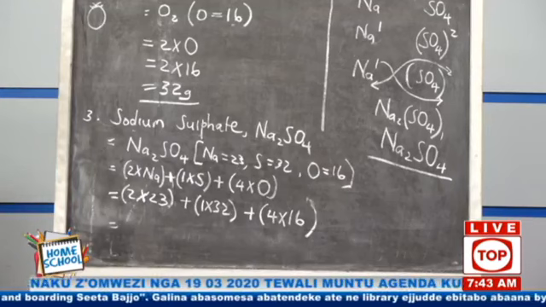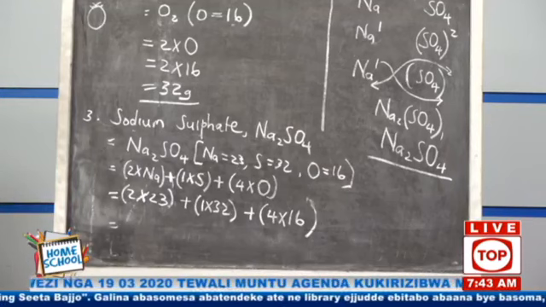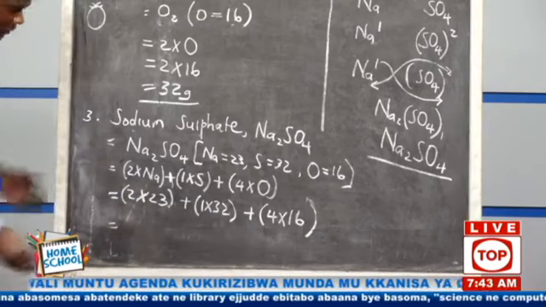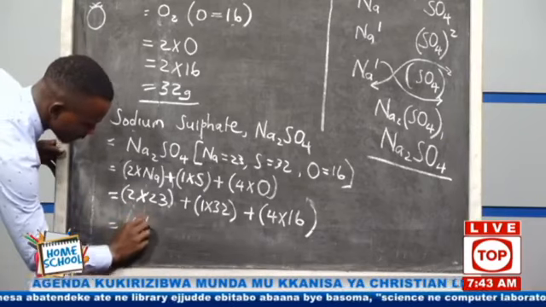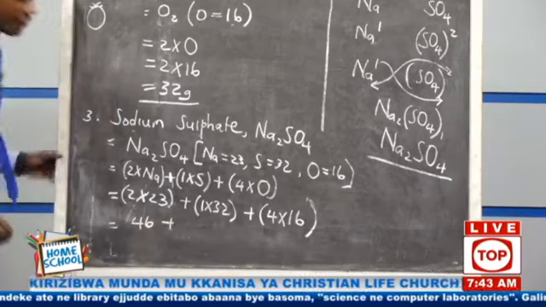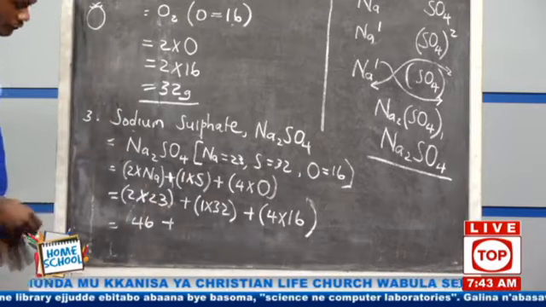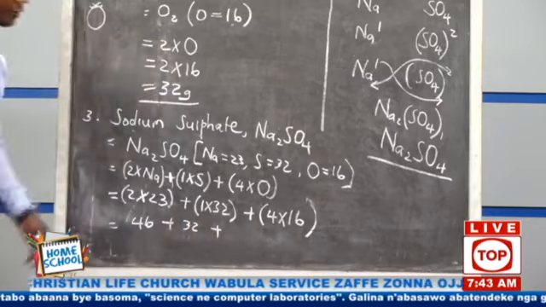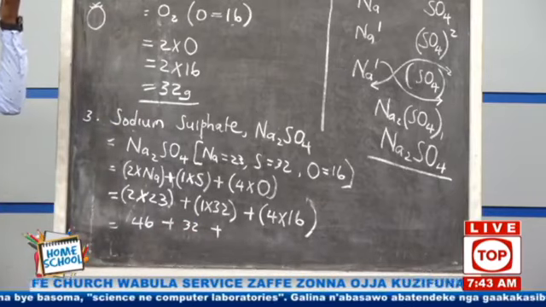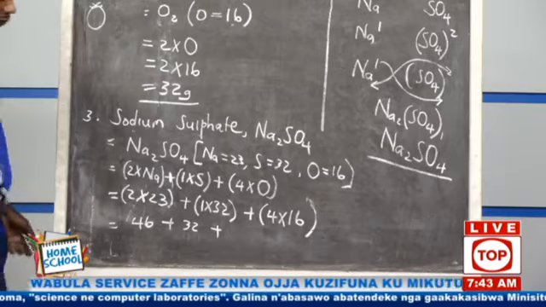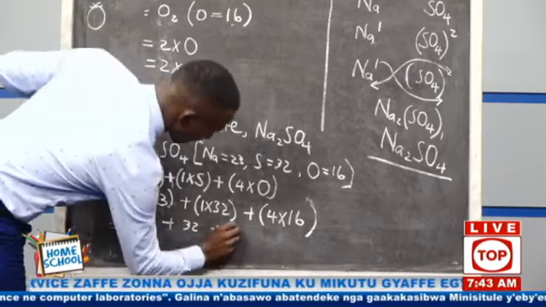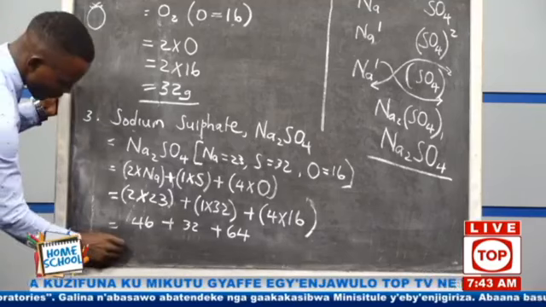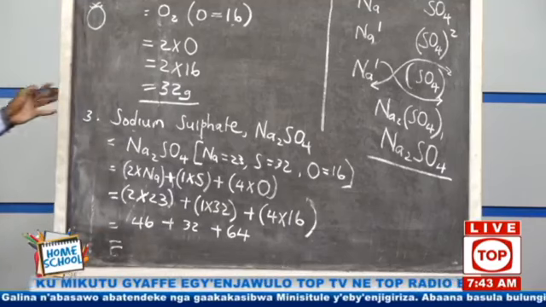Can we use our calculators now? And we multiply 2 times 23, get 46, plus 1 times 32, we get 32, plus 4 times 16, we get 64. What is going to be our answer?